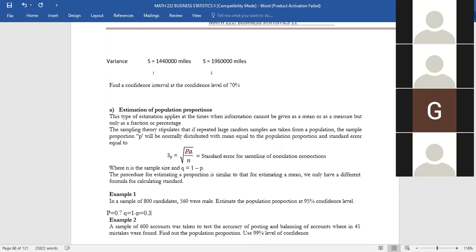So we have everything, and we apply them in the formula. Our standard error is the square root of P multiplied by Q over N. So 0.7 multiplied by 0.3 all over 800, then you get the square root. What do you get? What is our SP?